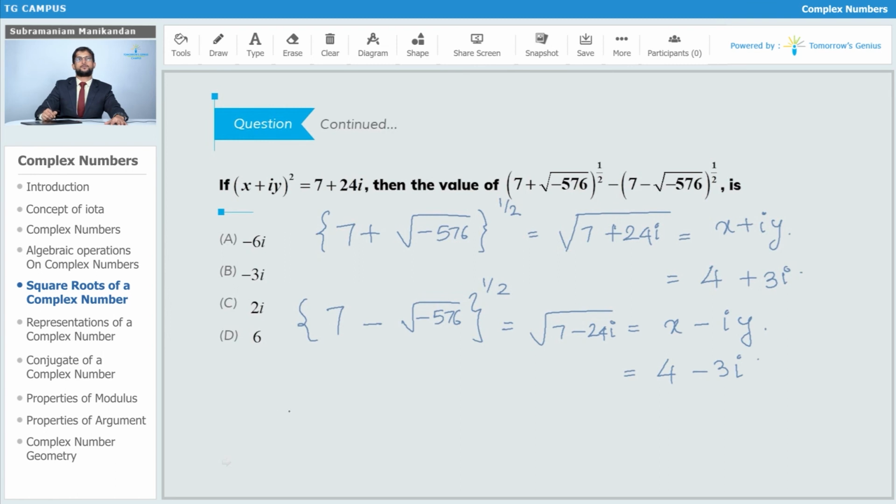So therefore the square root of 7 plus square root minus 576 minus the square root of 7 minus square root minus 576 is equal to 6i, and option A is what we get for this.